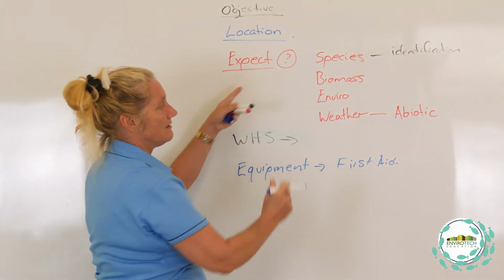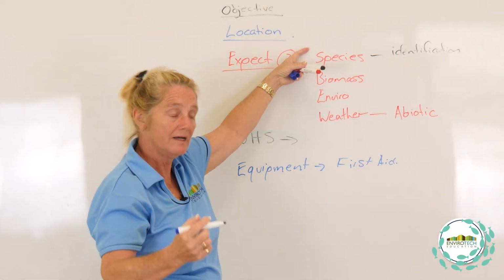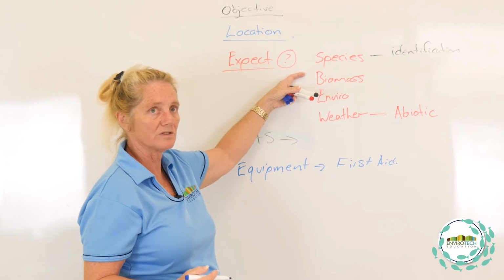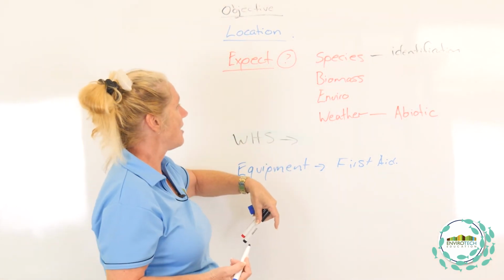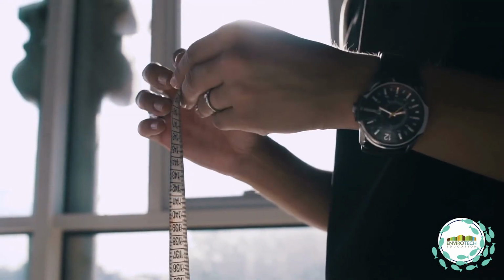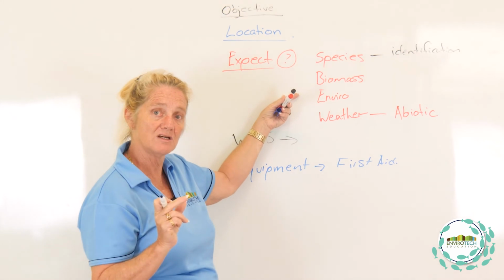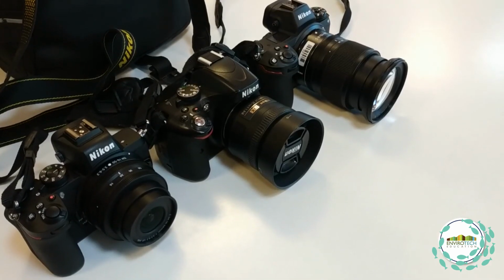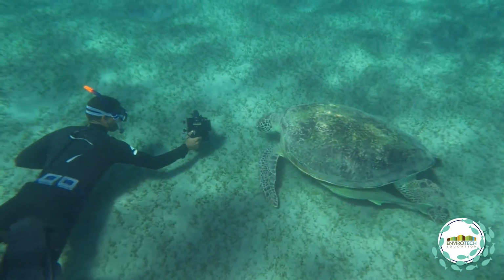Equipment could be, do I have this identification chart with us? A flip chart. Is it going to be used above water or below water? Do I need waterproof pens? Do I need a tape measure to record my areas or the size of the fish? Do I need also my cameras, underwater cameras? Great ways of recording data.